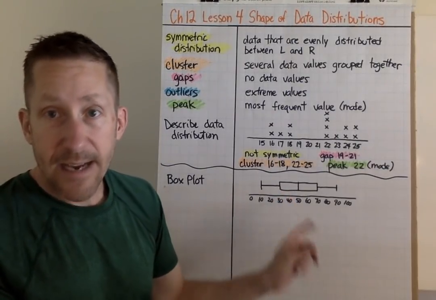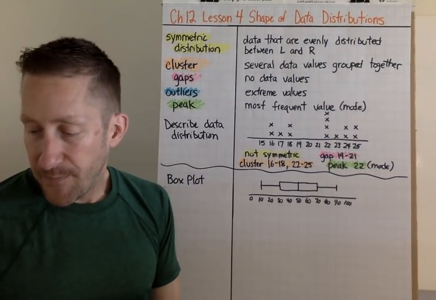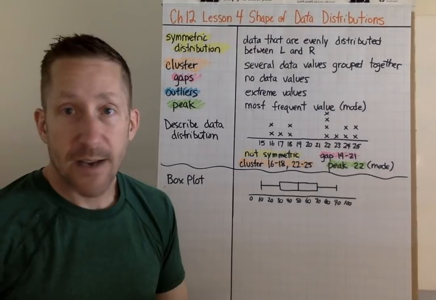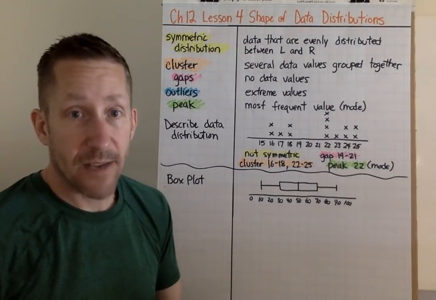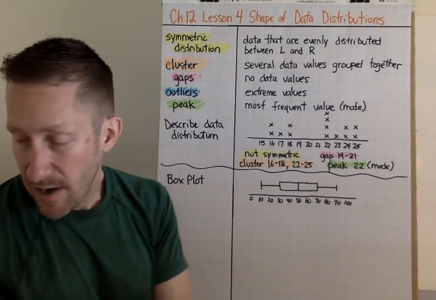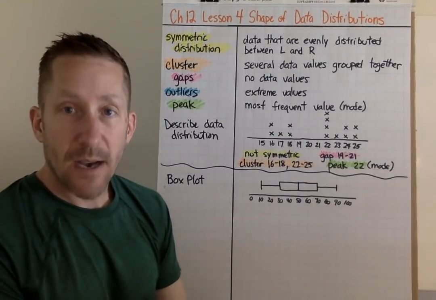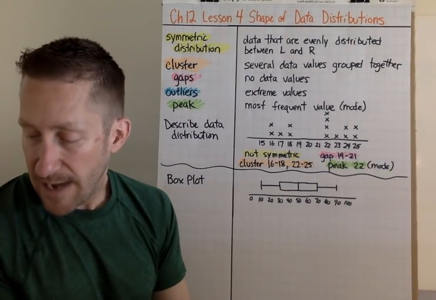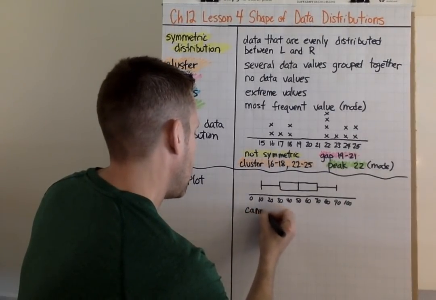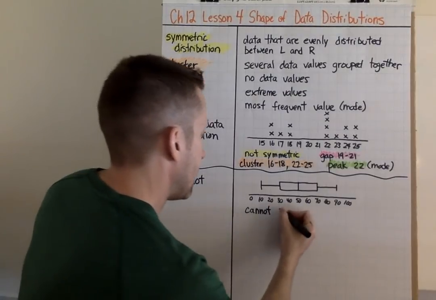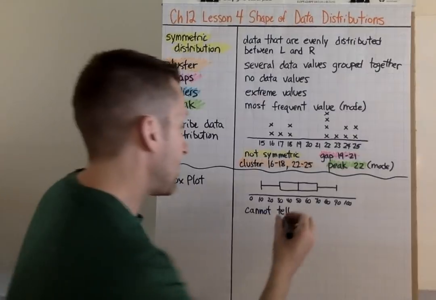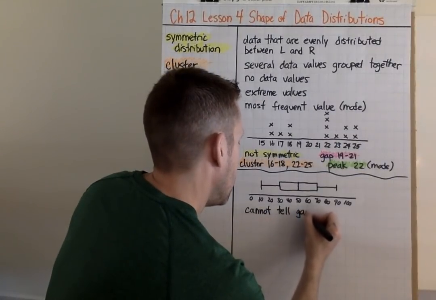But looking at this, I don't know what the gaps are, the peaks are, or the clusters, because I don't know what the actual data values are. I don't have my actual data values like I do up here. So if you have a box plot or a box and whisker plot, you cannot tell gaps, peaks, and clusters.